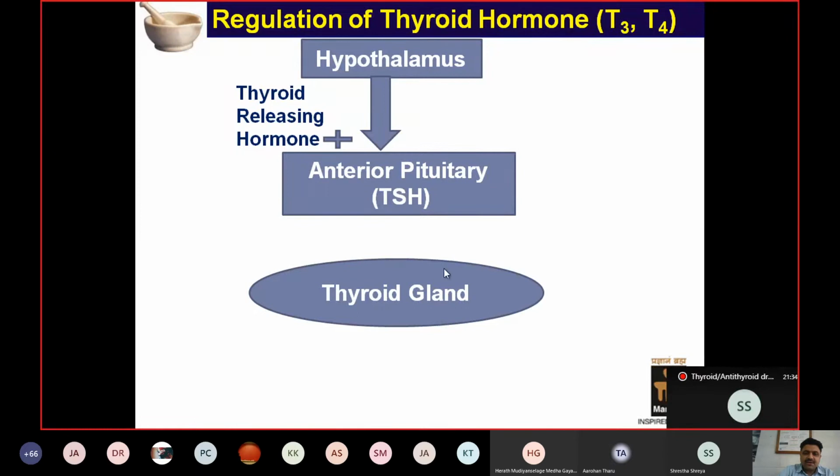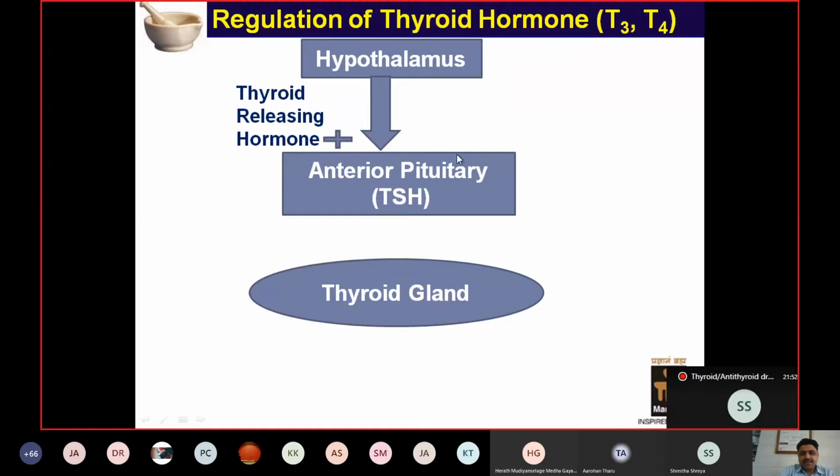This hormone acts on the thyroid gland and releases the thyroid hormones, T3 and T4. So this is how it is released: hypothalamus, TRH, thyroid releasing hormone.